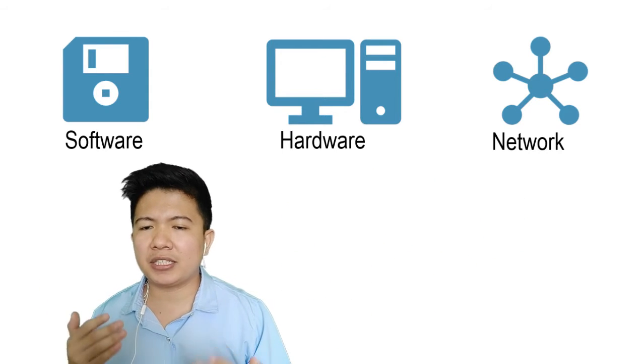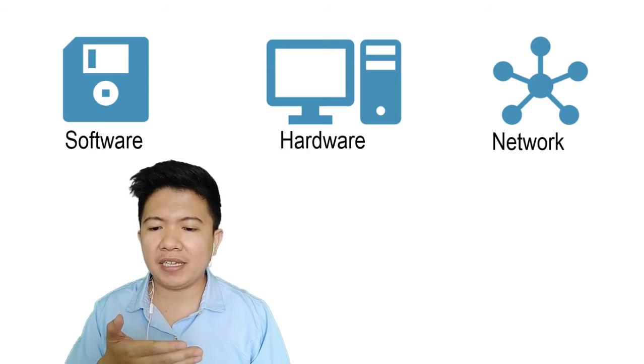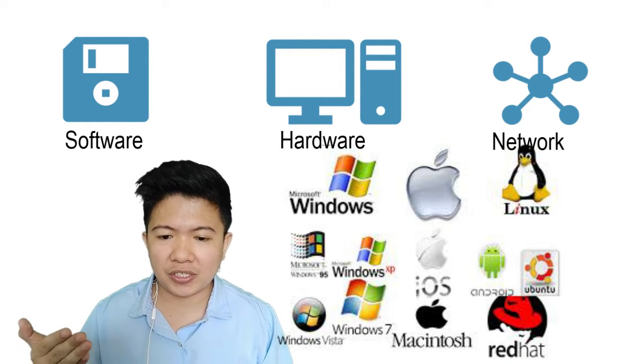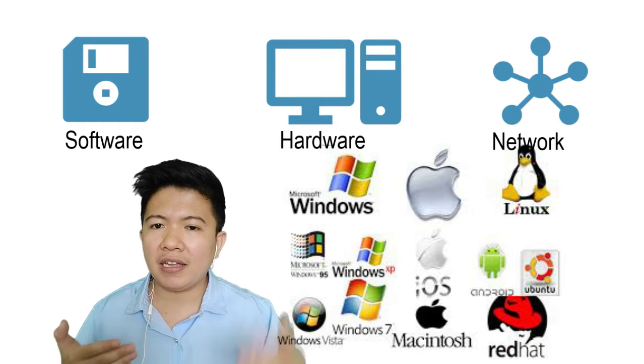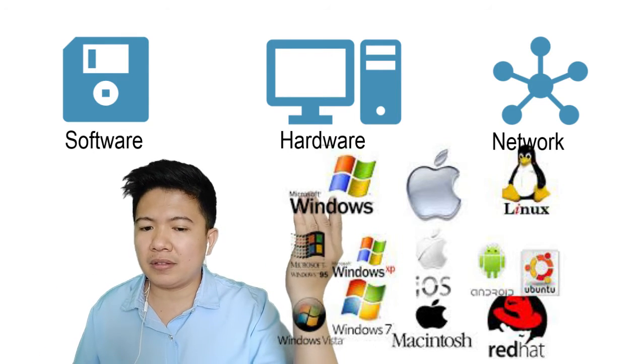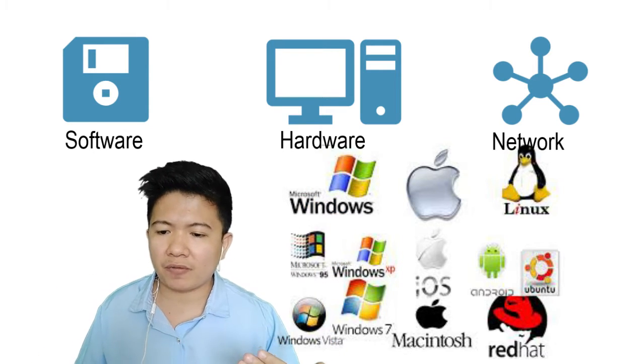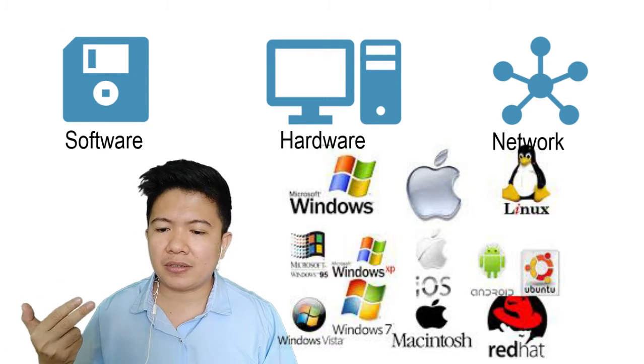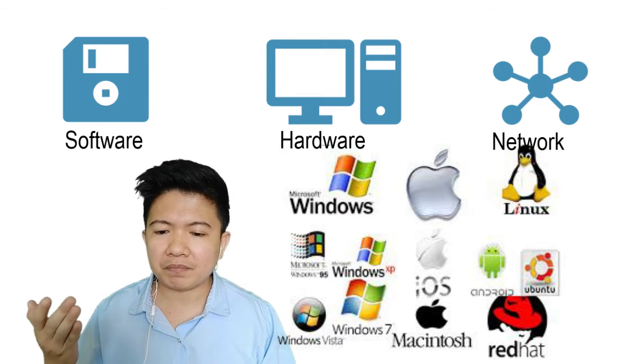On the other hand, system software is the operating system that supports the computer's basic function, such as executing the previously mentioned application softwares and controlling peripherals such as printers, mouse, or keyboard.